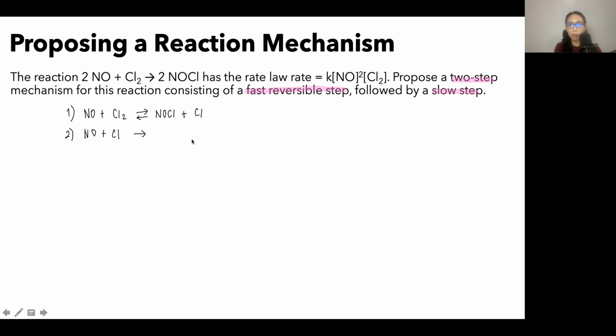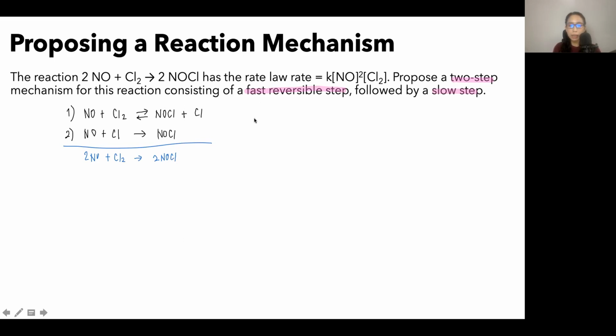So this is a slow step. It's not indicated that it's reversible, so we will just use a single-headed arrow and you form NOCl. So again, what do we check? If we add the elementary steps, we should get the overall reaction. And for this proposed reaction mechanism, we indeed get the overall reaction.